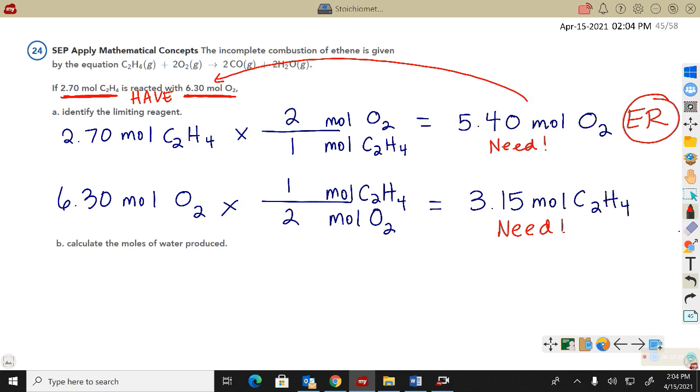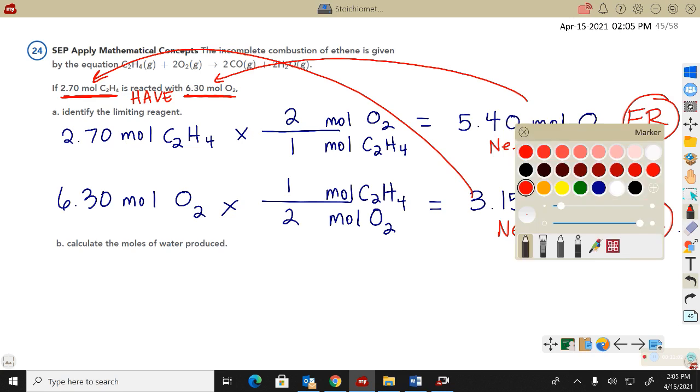Well, then same thing, we'd go back and compare it to the amount that I have, and then we'd say, ugh, I don't have that much. So if you don't have enough, then you found the limiting reactant. And by process of elimination, the oxygen would have been in excess. So all of that is done so that we can finally figure out how much water is produced.